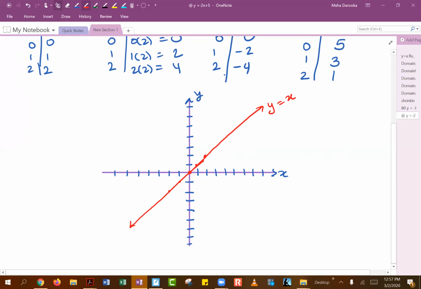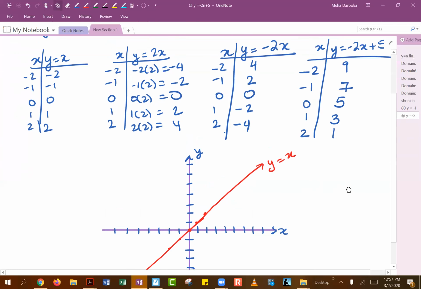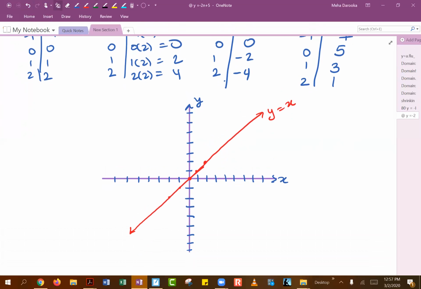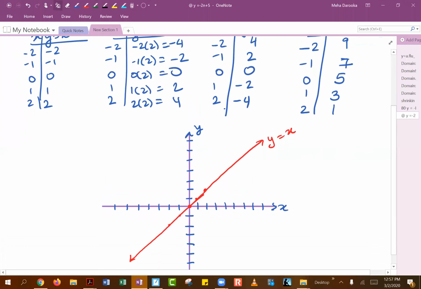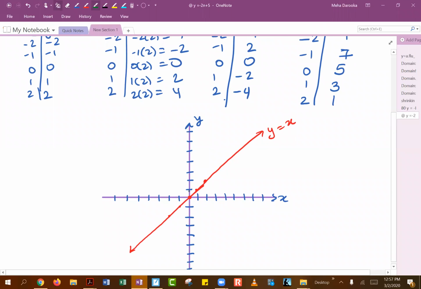And then my final graph is negative 2, positive 9. Negative 1, 7. Okay. Negative 1, 7, 0 and 5. 1 and 3. 2 and 1.